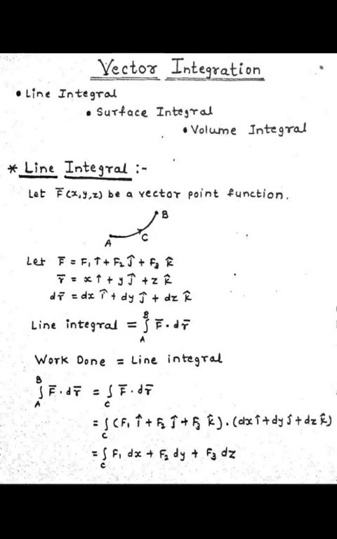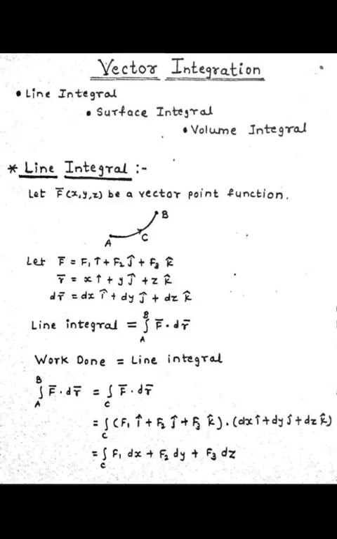This line integral is denoted by the integration from point A to point B of f bar dot dr bar. Here f bar is a given function and dr bar denotes a displacement.